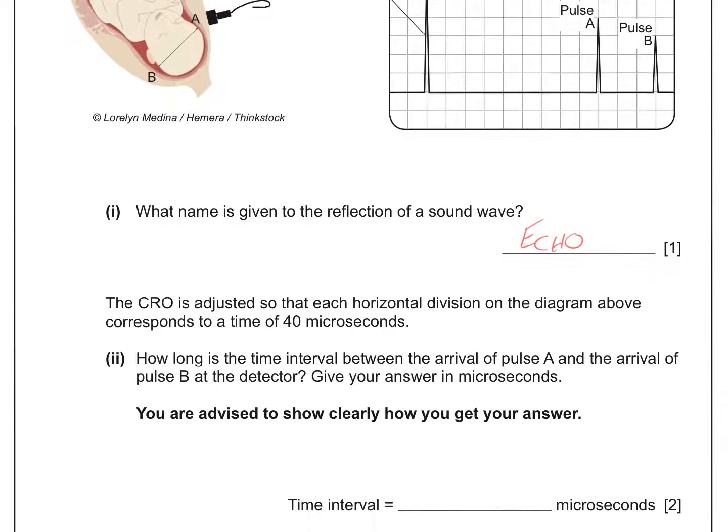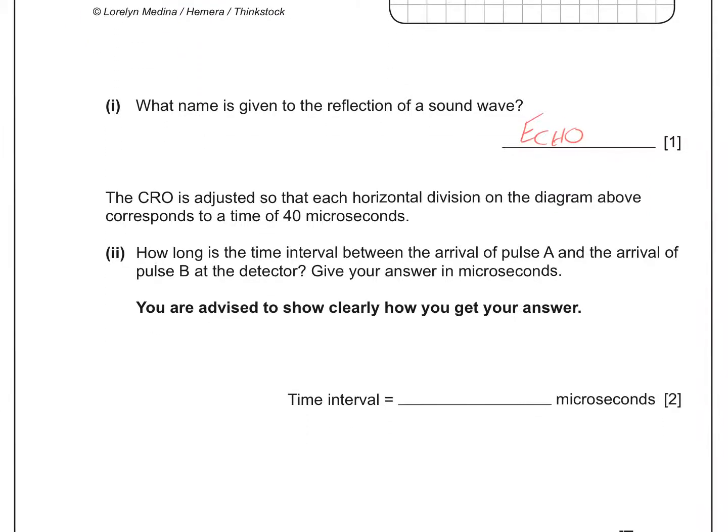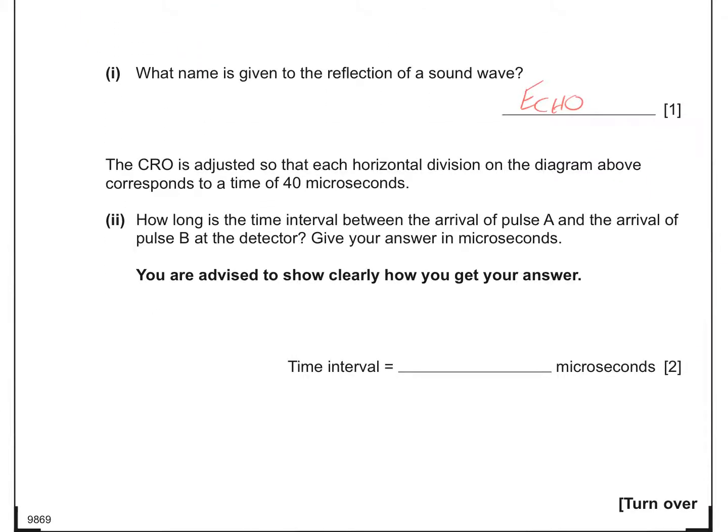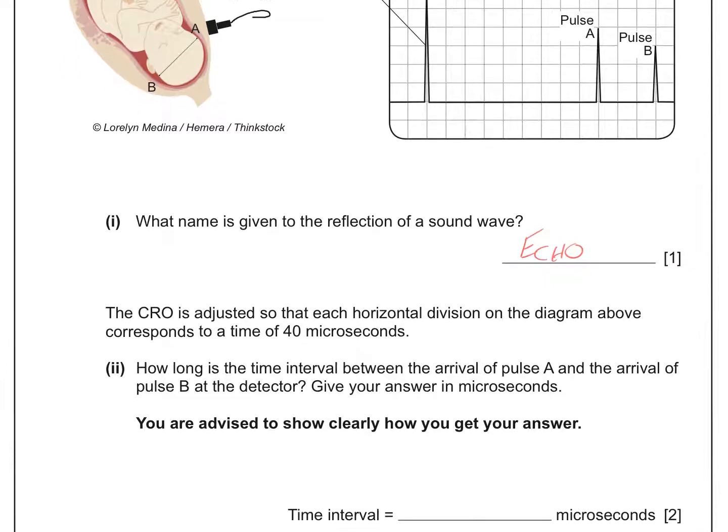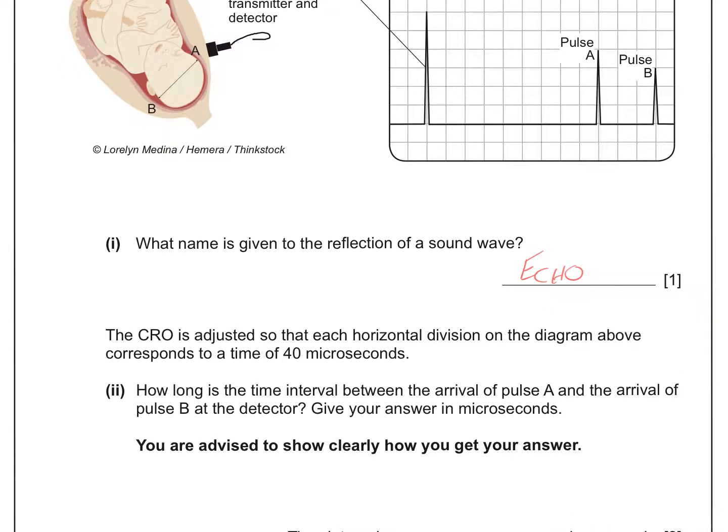The CRO is adjusted so that each horizontal division on the diagram above corresponds to a time of 40 microseconds. How long is the time interval between the arrival of pulse A and the arrival of pulse B at the detector? Give your answer in microseconds. So we've got 40 microseconds per square here, and we've got 1, 2, 3 squares.